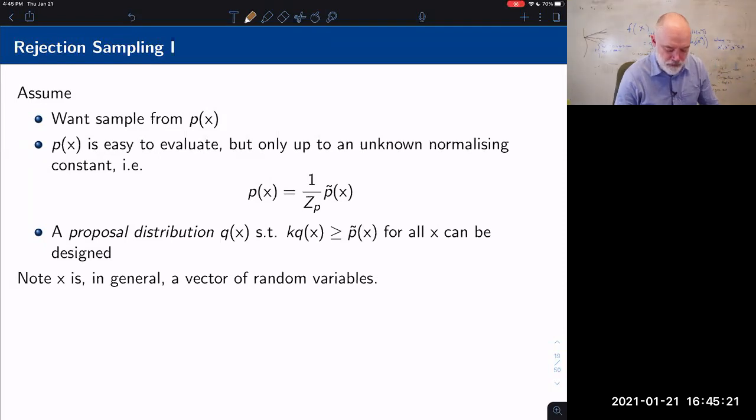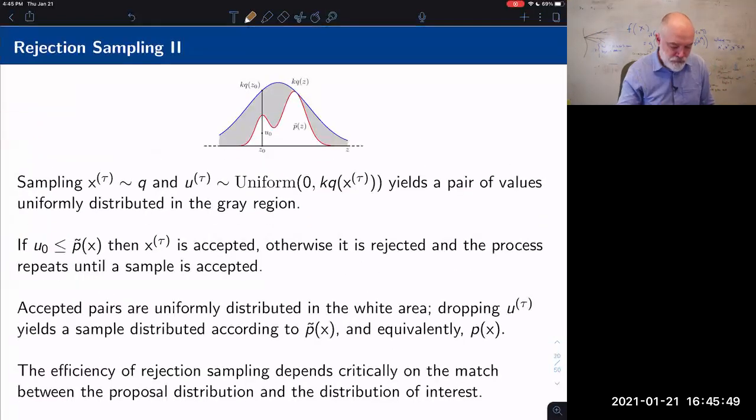There's a weird technical condition, and we'll show you an example of one situation in which this is relatively straightforward to satisfy, where there is a positive constant k such that k q of x is greater than p tilde of x for all x. Note that in general, x is going to be some richly structured, crazily high dimensional thing, but we're going to talk in terms of one-dimensional distributions and two-dimensional plots, so you can see what's going on.